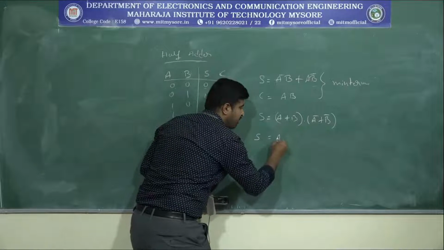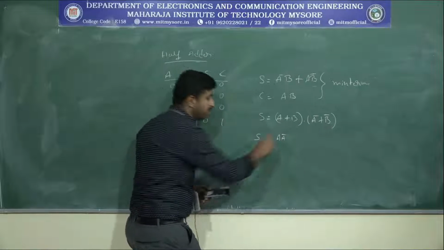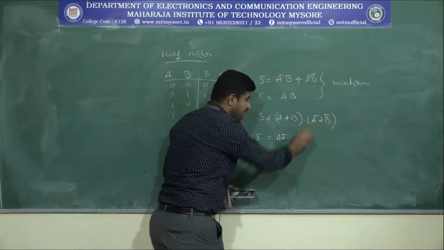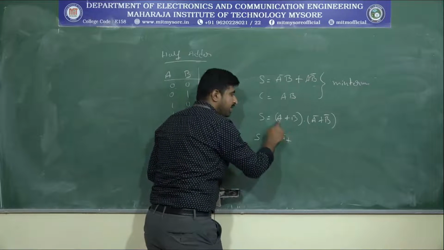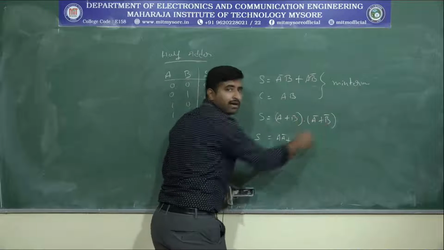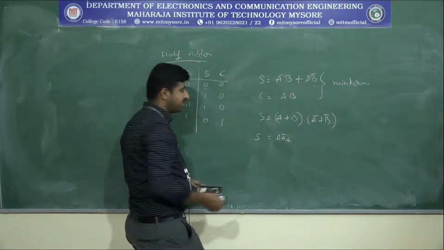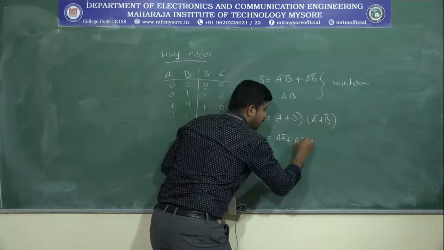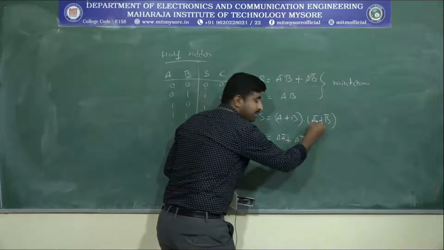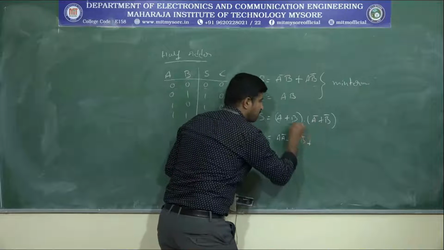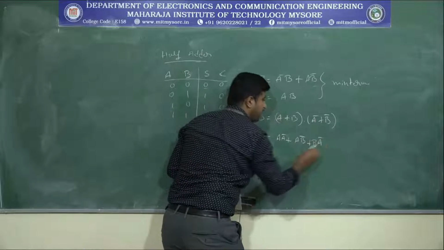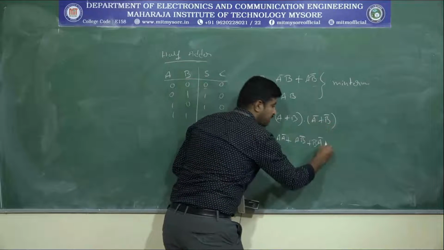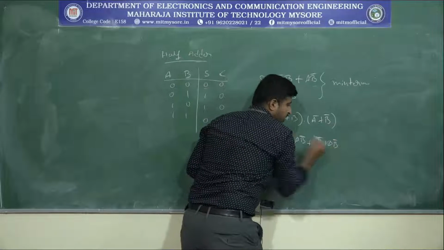This corresponds to a into a bar. A will be multiplied with this term, and then plus, b will be multiplied with the other term. Here I am applying the associative law. A into a bar, then a b bar, next b into a bar, so plus b a bar, then b into b bar.